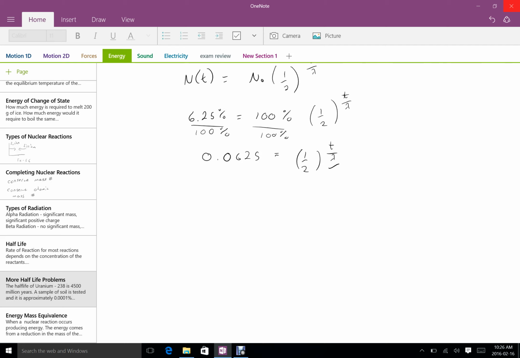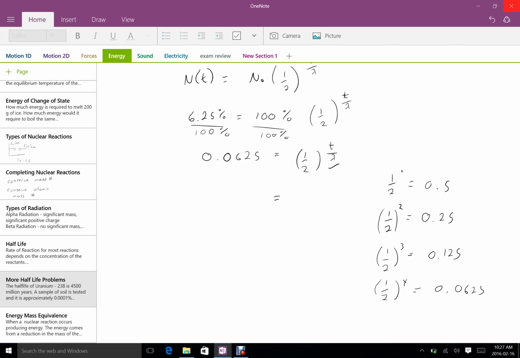Using my calculator, I'm just going to keep guessing until I get it right. If I put 1/2 to the 1, obviously that's just 0.5. What if I put 1/2 to the 2? That works out to be 0.25. 1/2 to the 3 is 0.125, and 1/2 to the 4 gets us 0.0625.